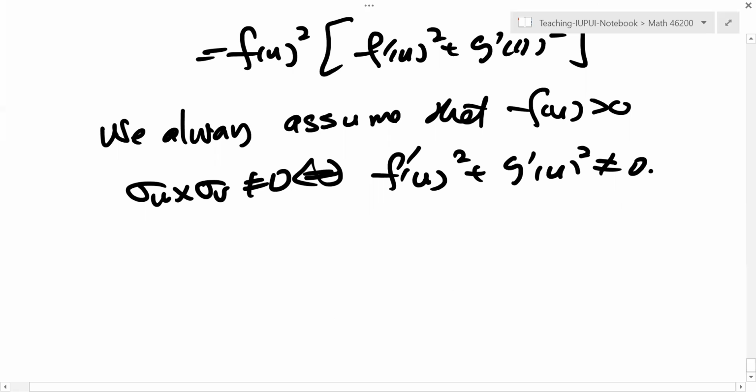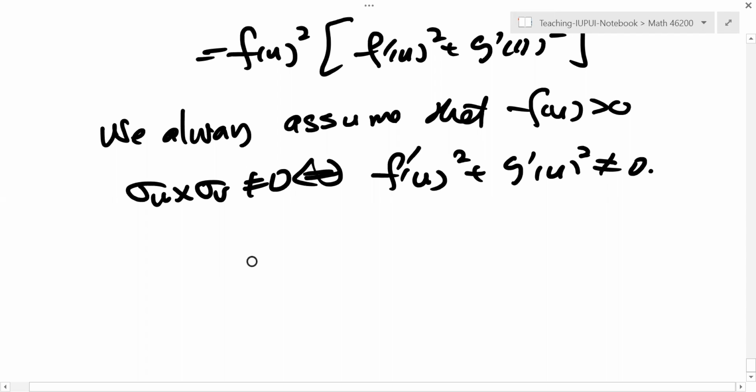Later on we are going to study the curvature. Once this special surface patch is given, then you can use that to calculate the curvature.